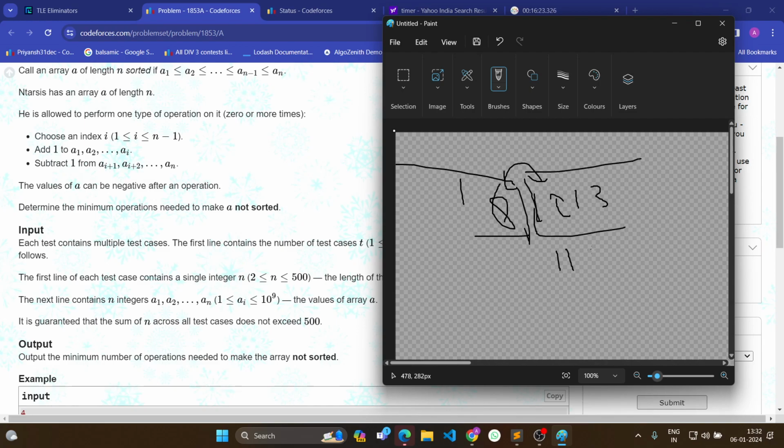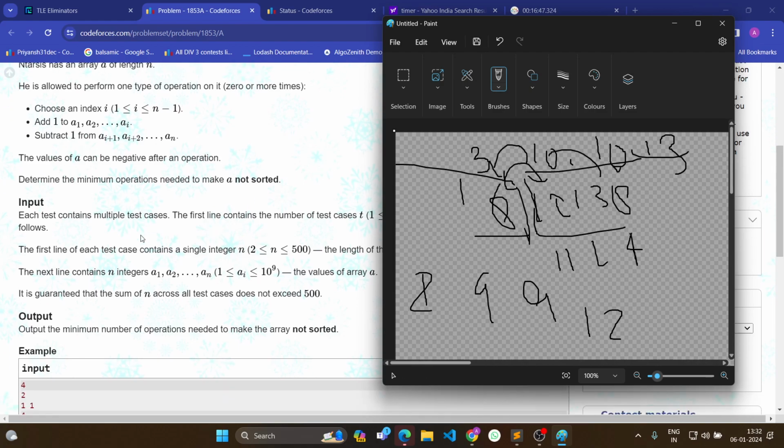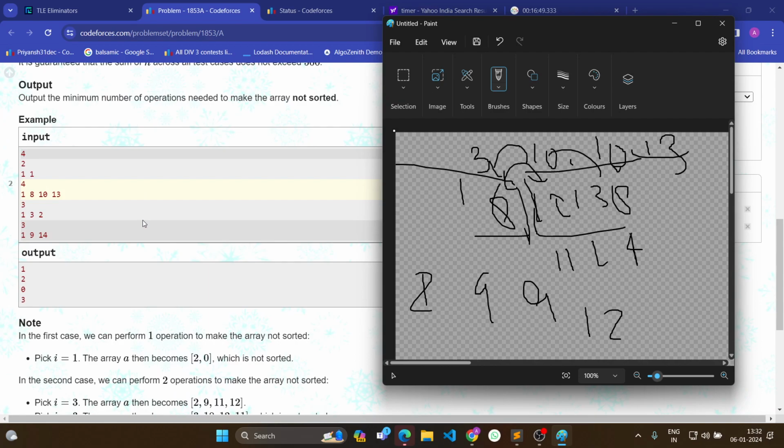So this becomes 11, I'm adding here, so this becomes 1, this becomes 2, 9. This becomes 9 and 12. And again I have to subtract 1, so this becomes 3 and 10. So basically for any one element do this thing, and then it would be not sorted.